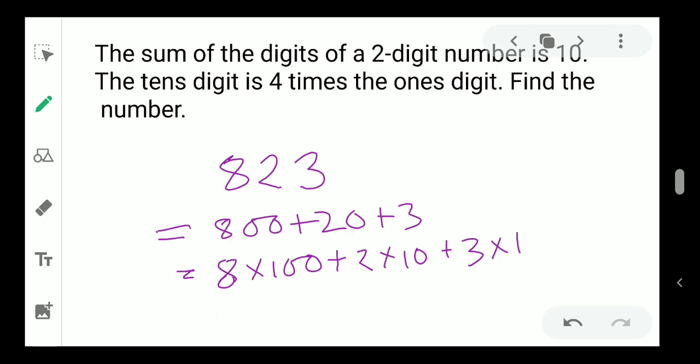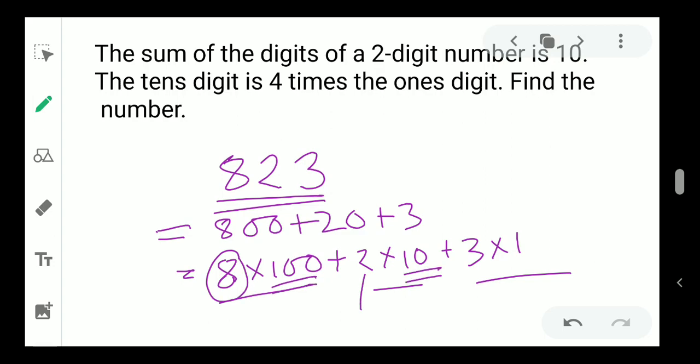You have already learned this in class 4 and 5. This is how a digit is represented. If you have the hundreds place digit, you multiply it with 100. If you have the tens place, you multiply with 10. If you have the ones place, you multiply with 1 and then add, and you get the original number.